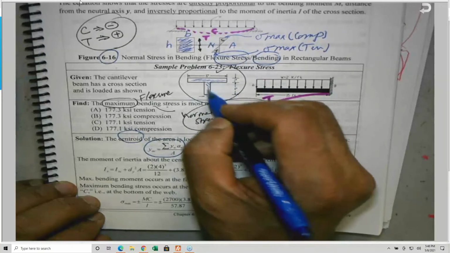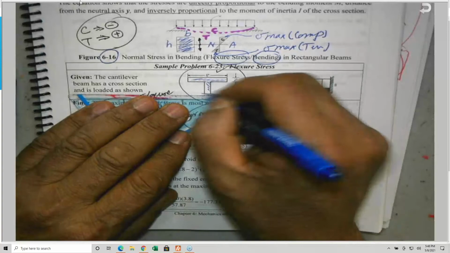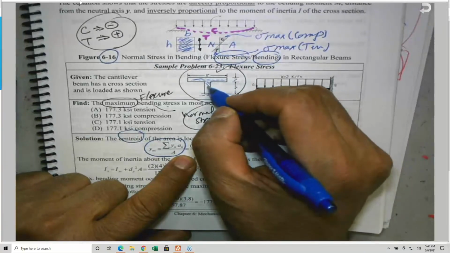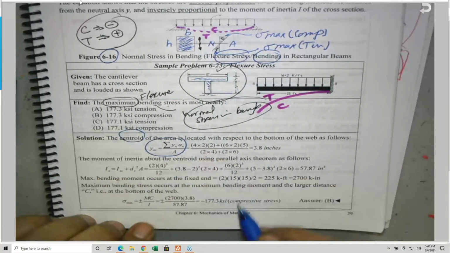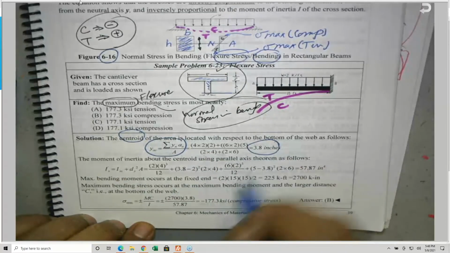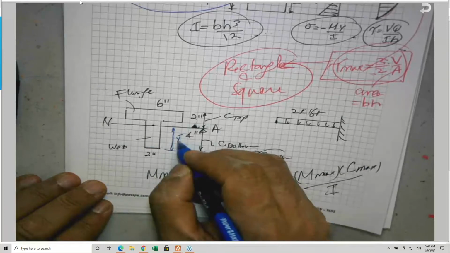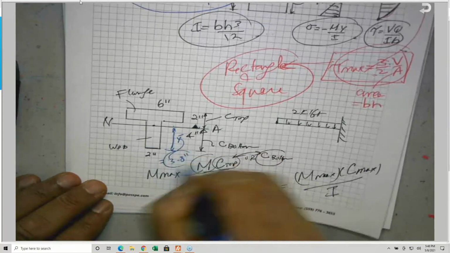And you have to locate the datum, because this is my reference line here. So I said it is 4 times 2 times 2, because I know the centroid is 2, plus 2 times 6 times 5, because it's 4 and 1 is 5, divided by the total area, so 3.8 inches. That means this y bar here is equal to 3.8 inches.